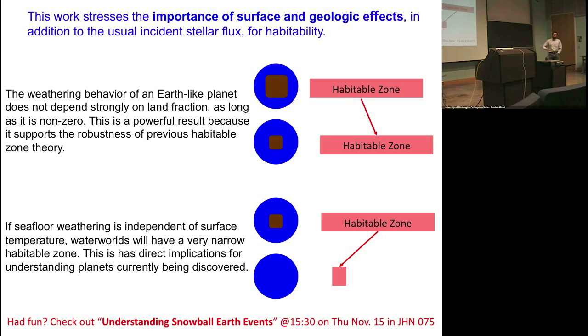But they never actually do any explicit calculations of weather, where I put all my effort. So we're looking at different aspects of the problem, other than the different land and ocean fraction. They're considering how the climate happens without any weathering feedback. I'm considering the weathering feedback.